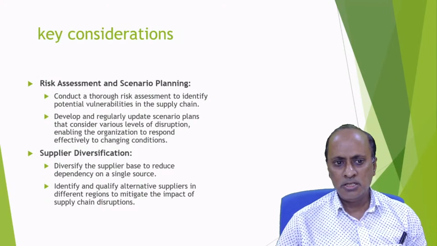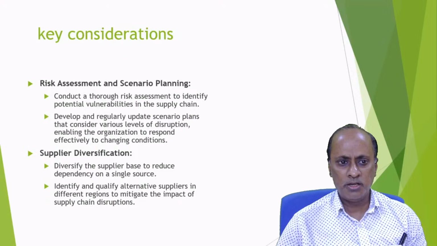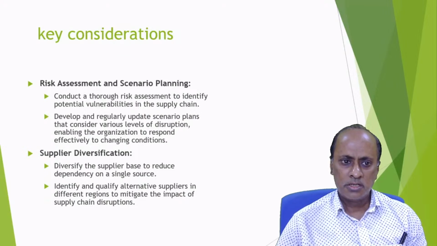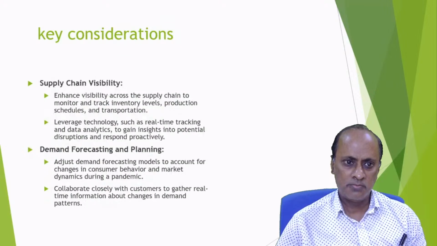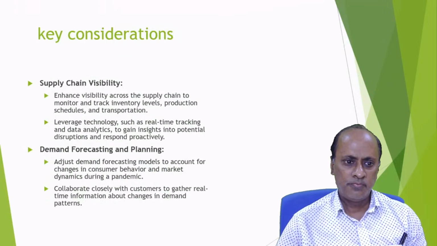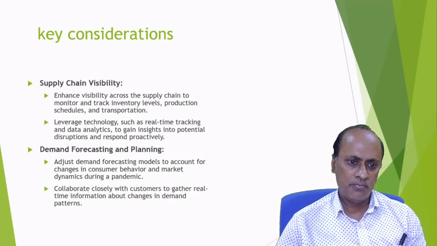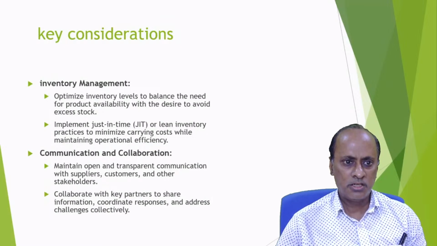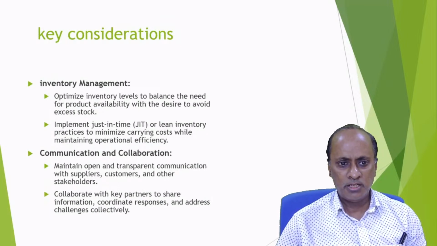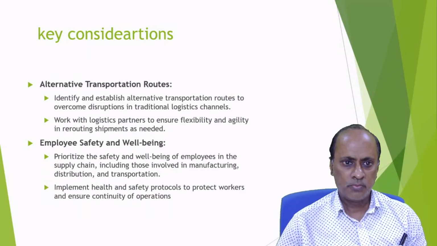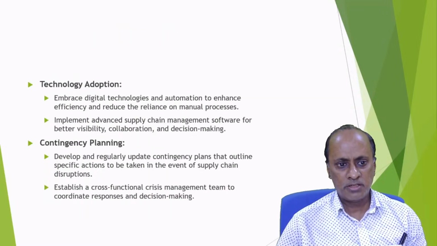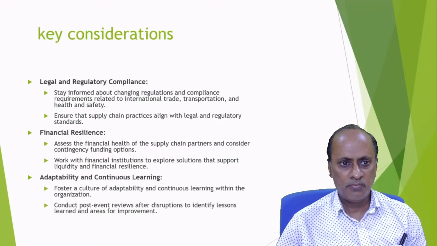So the key consideration here is risk assessment and scenario planning. During COVID-19, we made a risk assessment and scenario planning, and supplier diversification. We diversified the suppliers, enhanced the visibility across the supply chain, made proper demand forecasting, and made inventory management, implementing just-in-time or lean inventory, communications and collaborations, and technological adoption and contingency planning.